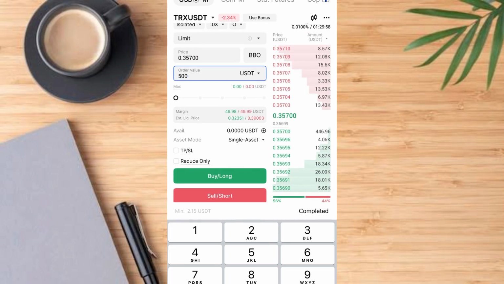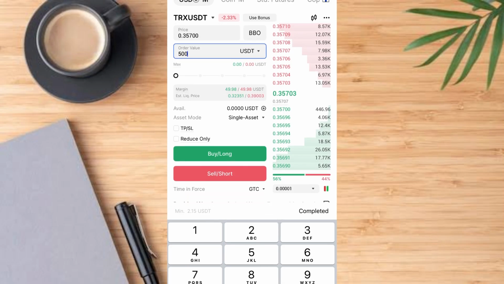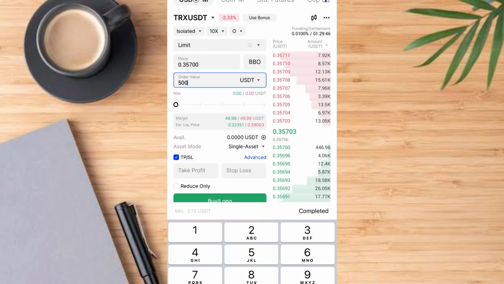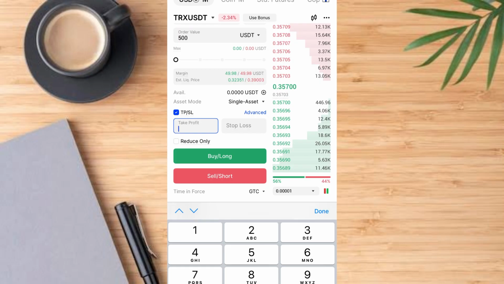It means when the price falls to the expected price here, and you have this amount in your account, the system will trigger your action. And when your action has been triggered, then you're able to set your profit and loss here. Now here you're able to set your take profit.